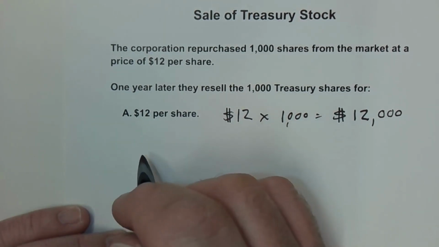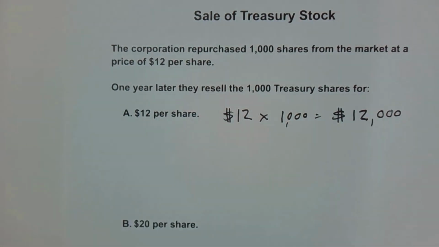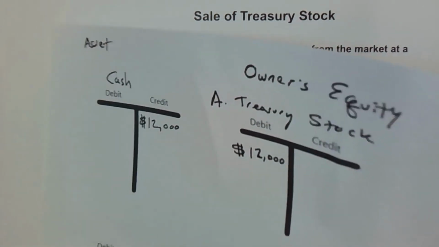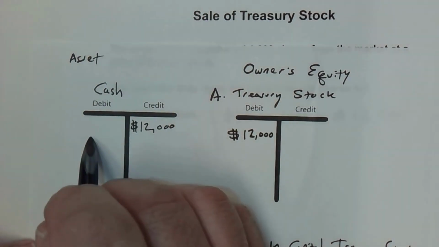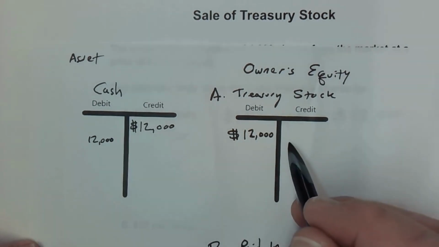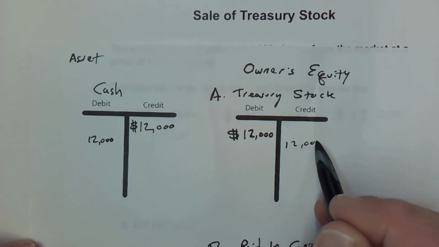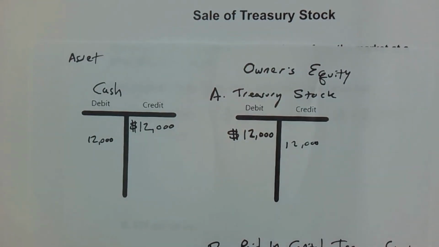So my journal entry would show, well, let's go ahead and look at this first. For this example, we're going to debit our cash for $12,000, and we're going to credit our treasury stock for $12,000. And that's going to zero this out because all that will be gone.